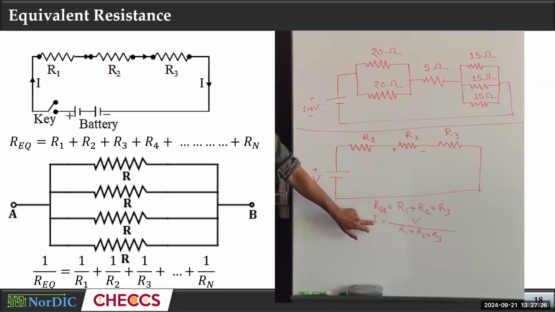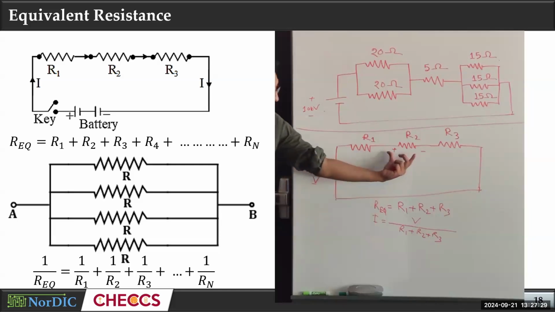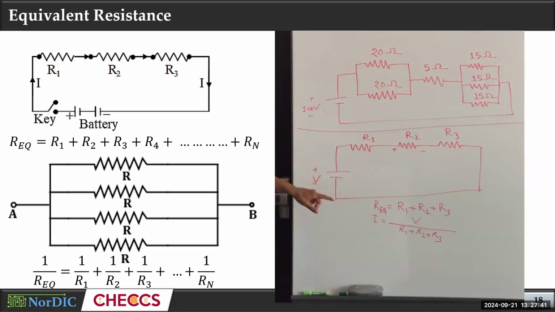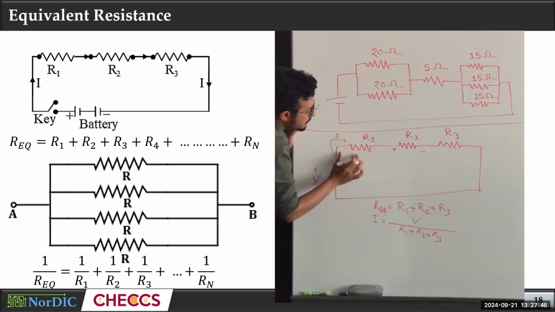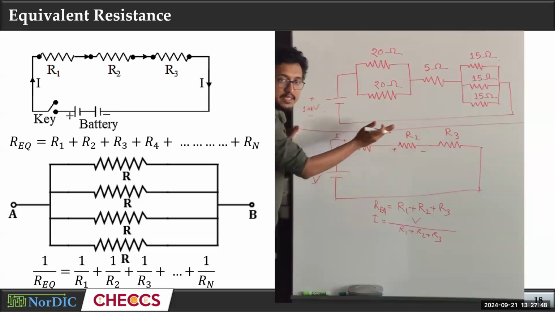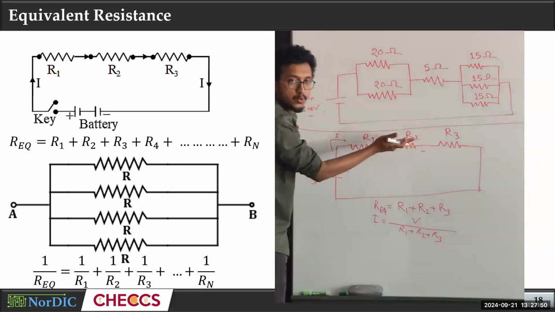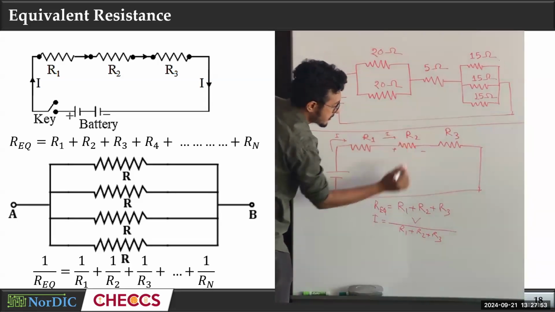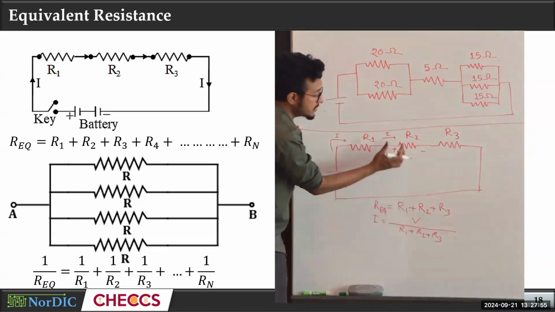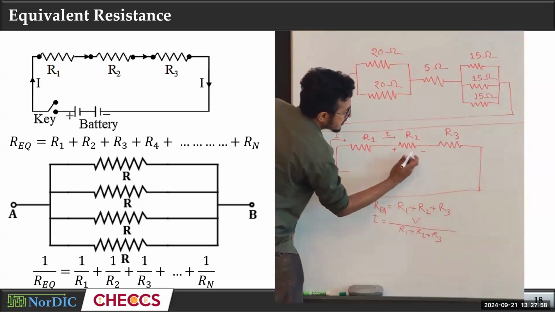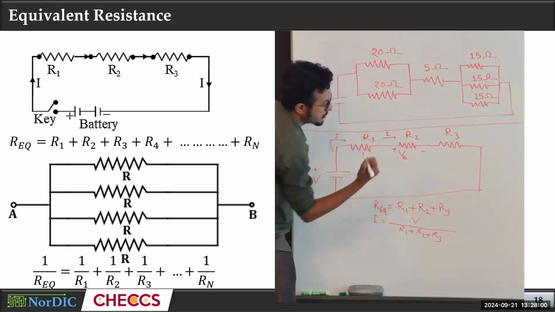Since you know the total current now, what is the voltage across this resistance? Are you guys still with me? I told you this current is flowing through all of the resistances, right? They are in series. So what is the current flowing through R2? The same I that I have just calculated. So what is the voltage difference here, which I can call, let's say, VR2?